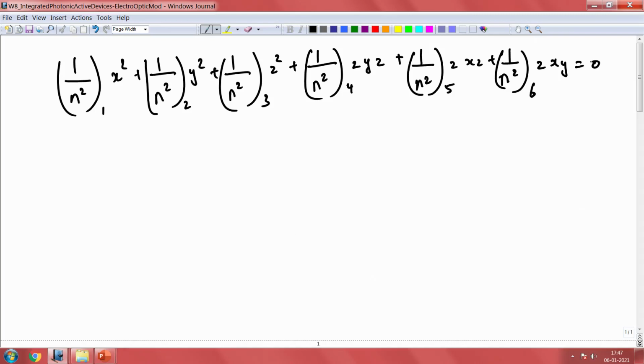So, this is one of the primary equations, and the next equation for a material, in this case gallium arsenide, is what we are looking at, right.